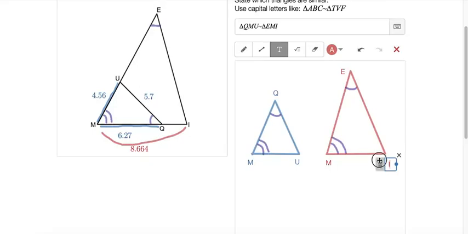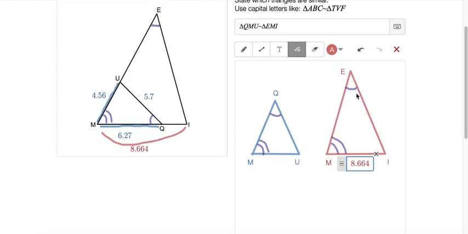Now let's put some numbers. From I to M, blank to double is 8.664. Blank to double is 8.664. And then the big triangle has no more side information that we know about.